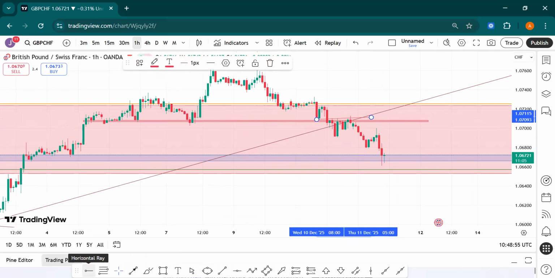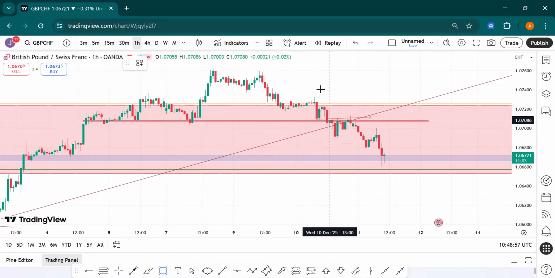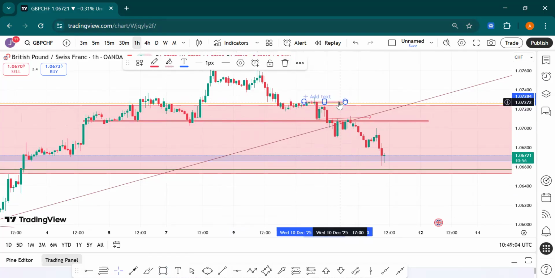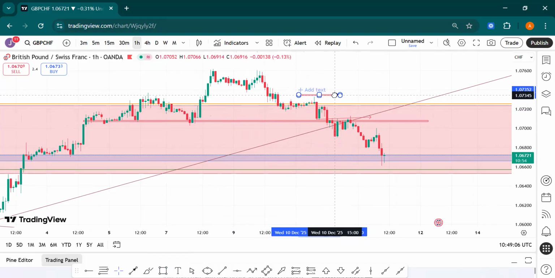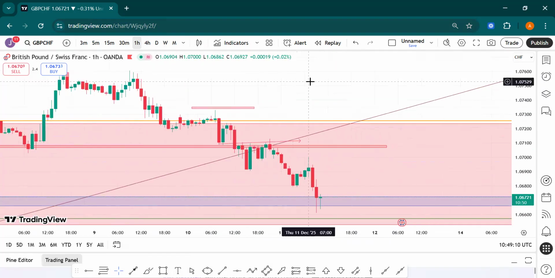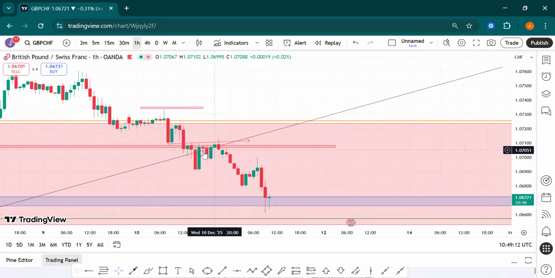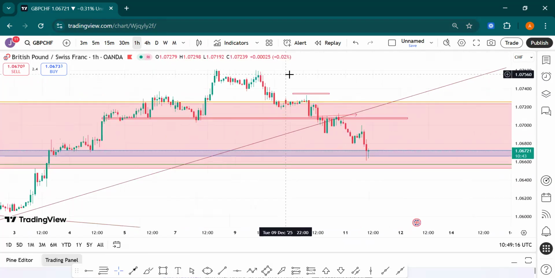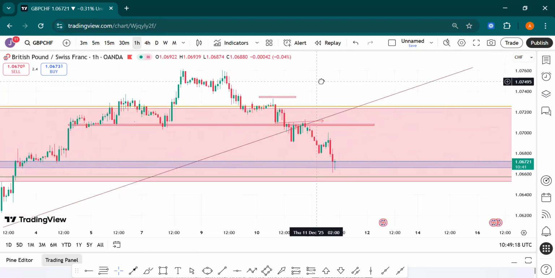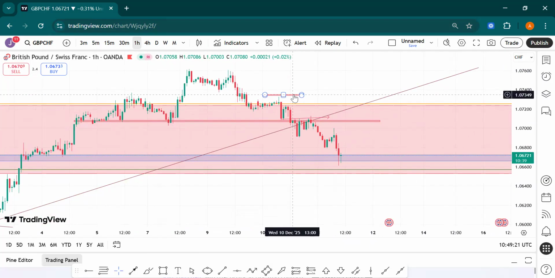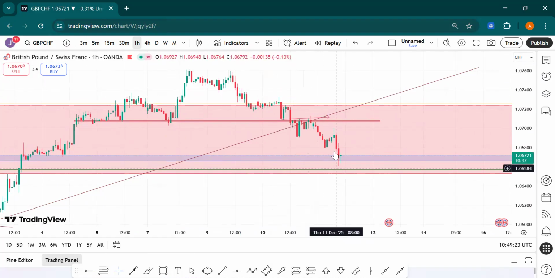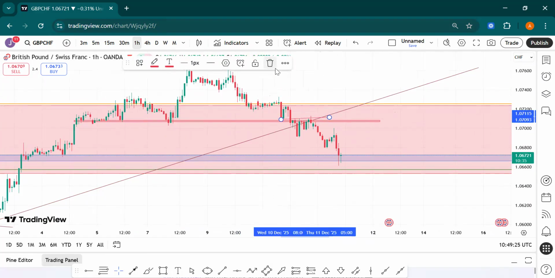And then my stop loss was just above the right shoulder. And as you all can see, the market played here a bit, and then price has been dropping for the past hours. So this is a simple way in which I analyze the market.